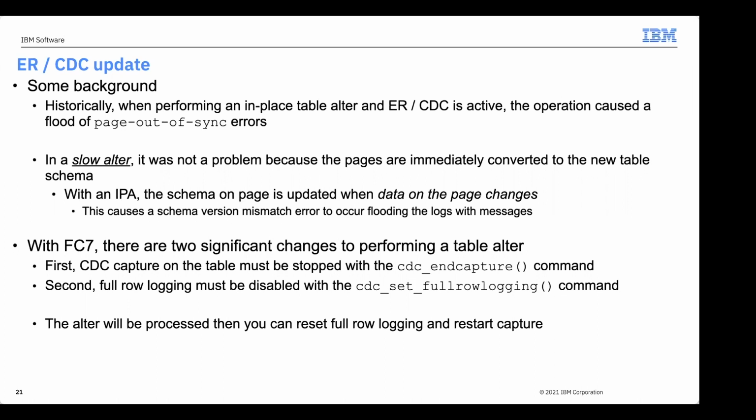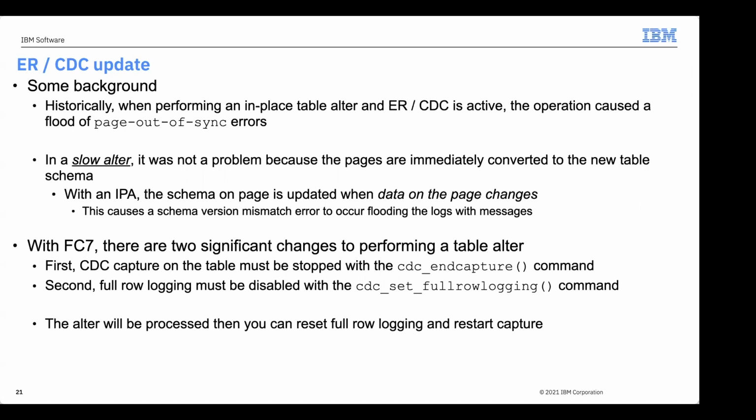Now, in a slow alter, which is an alter where we basically lock the table and make whatever the schema and data changes are required, these types of errors never occurred because we were changing not only the schema of the page, but also the data on the page at the same time.